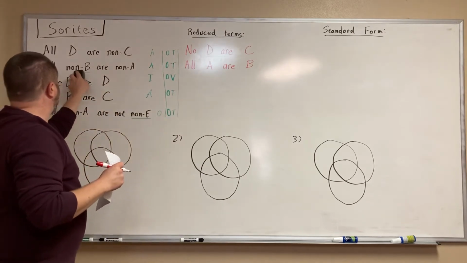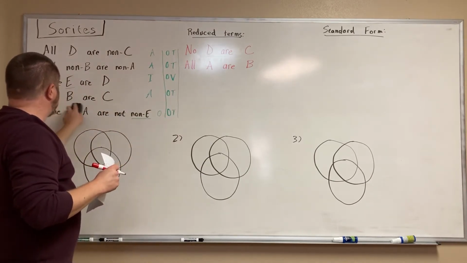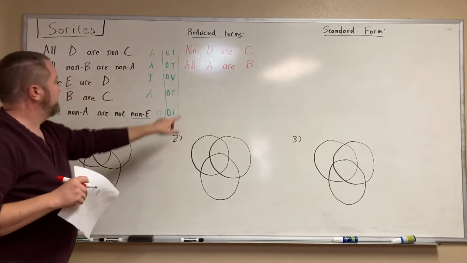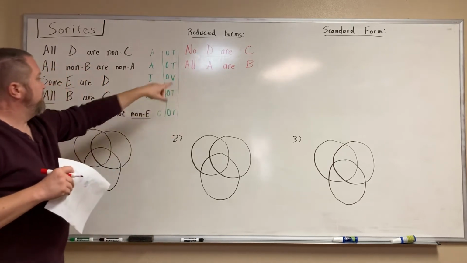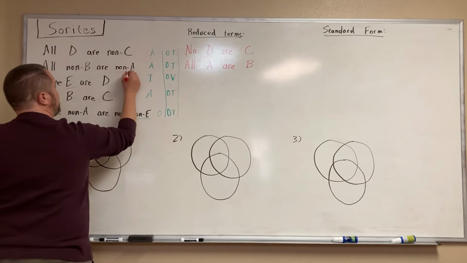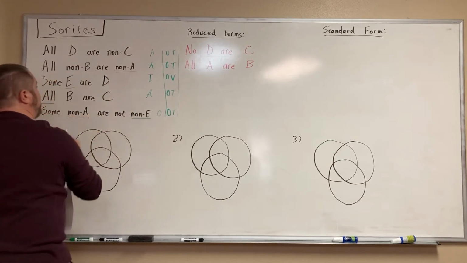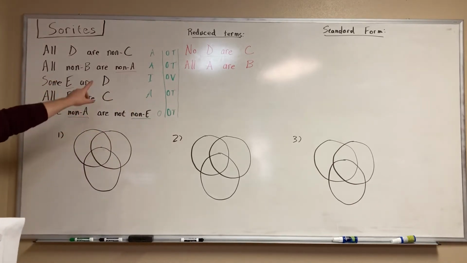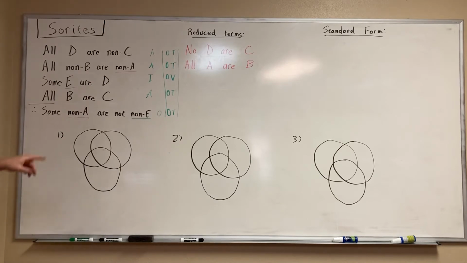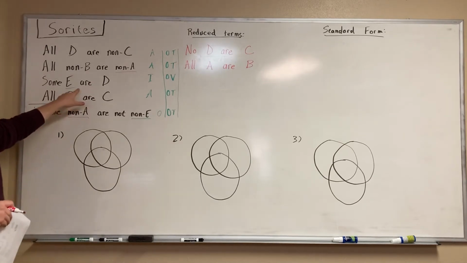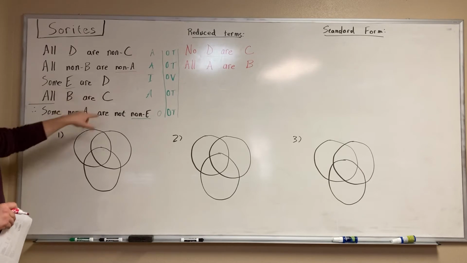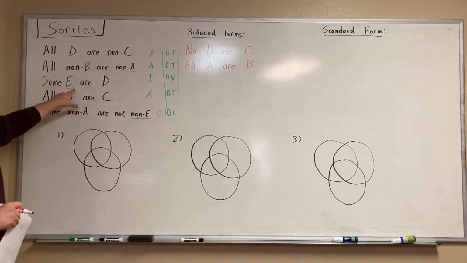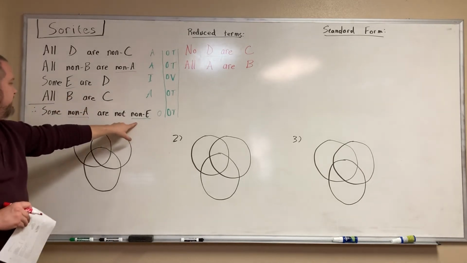So we can erase this for now because those are reduced. But there's a new problem that we switched A. So we're going to have to underline the A's we're going to have to reduce. Some non-E are non-D. D is the same. E, we can change there.